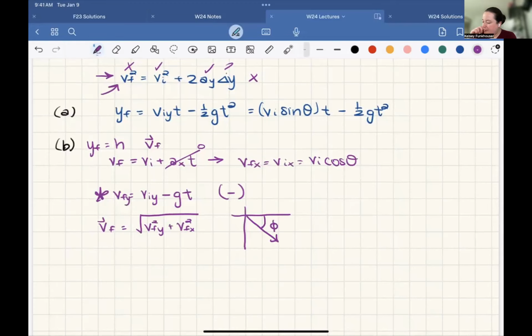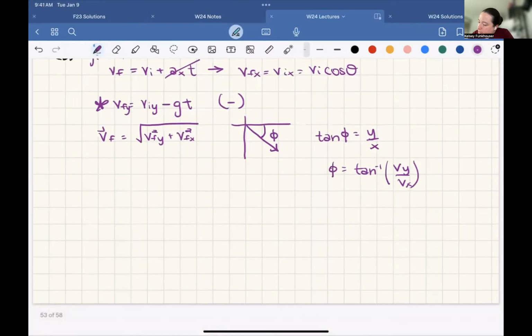We can give it from the x-axis. So in this case, tangent of phi is going to be the opposite, oh, I'm sorry, opposite is y over adjacent, which is x. And so phi is the inverse tangent of the velocity in y over the velocity in x. So that's what you'll use to solve those parts of that problem.